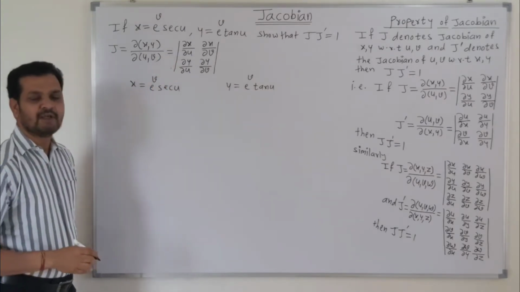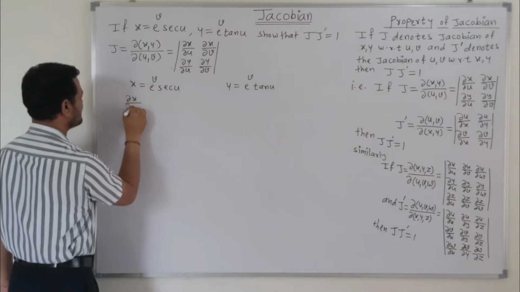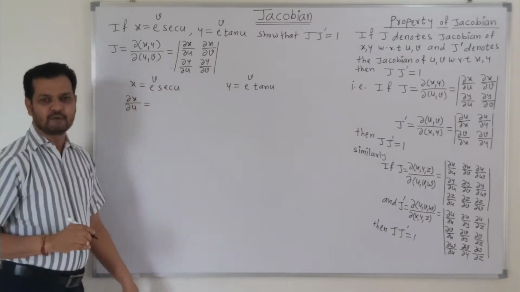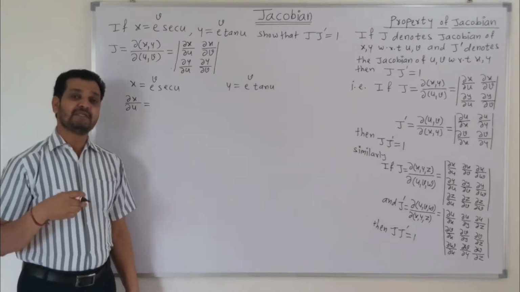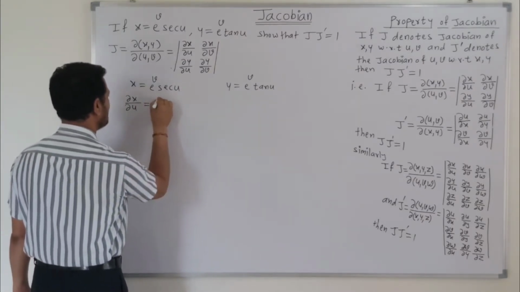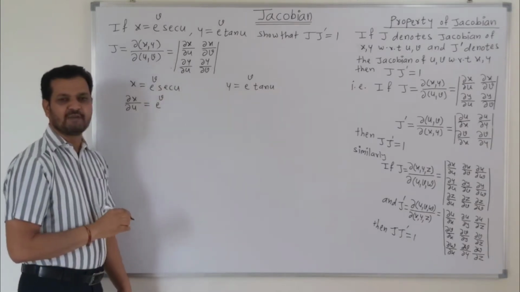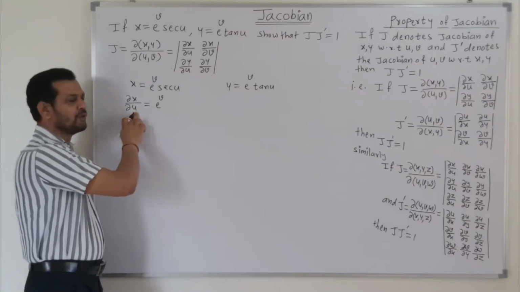Now find the partial derivative of x with respect to u. When we take the partial derivative with respect to u, v is constant, so we can write the e raised to v term as it is, since we are taking the derivative with respect to u.